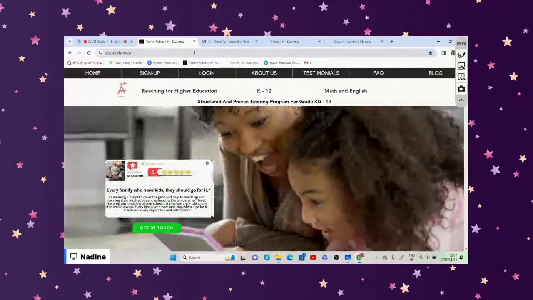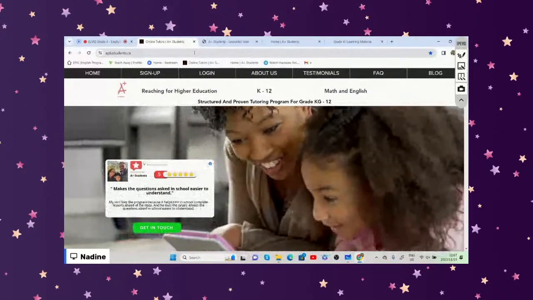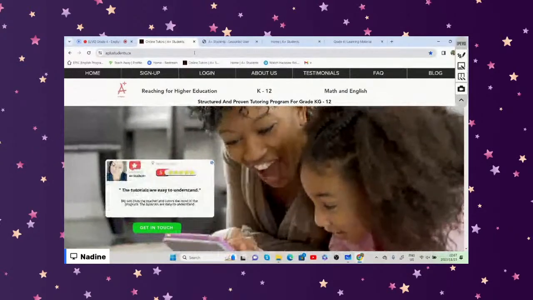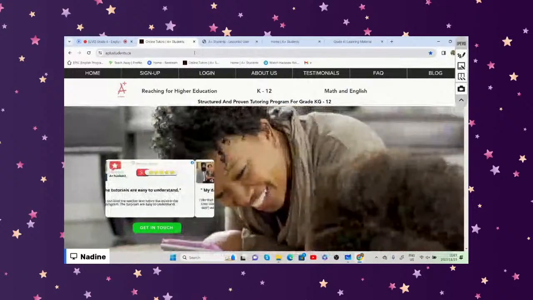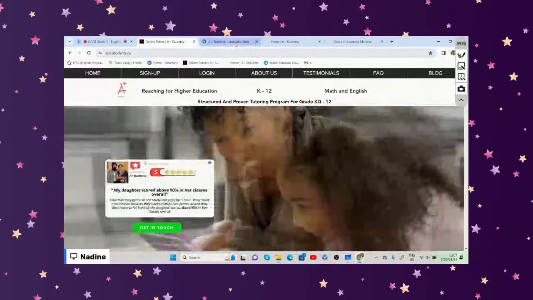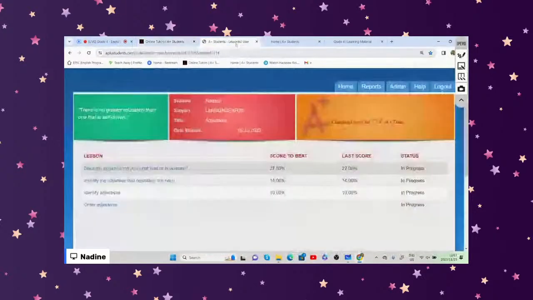And this is a continuation of our previous lesson on adjectives. In our previous lesson, we specifically focused on whether the adjective tells us what kind or how many, and also we had to identify the adjectives that describe. So today is going to be a continuation on adjectives.